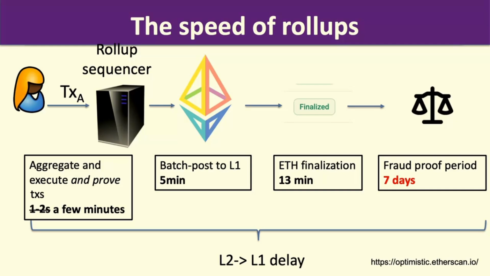So now we've made it worse, we added a few minutes here, but the important thing is we totally got rid of the fraud-proof period. It's not needed anymore. The second the block is posted on Ethereum, you can immediately transfer your funds away, and there's no more ambiguity.